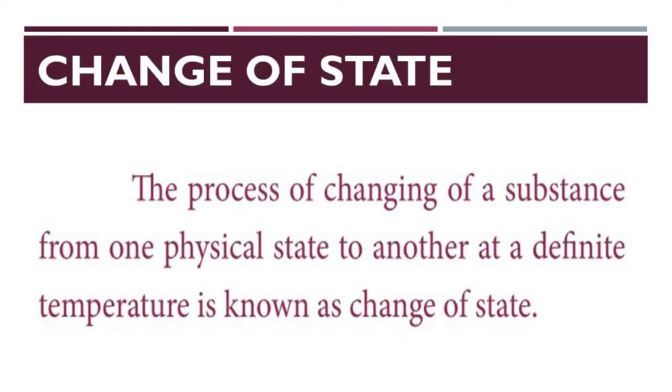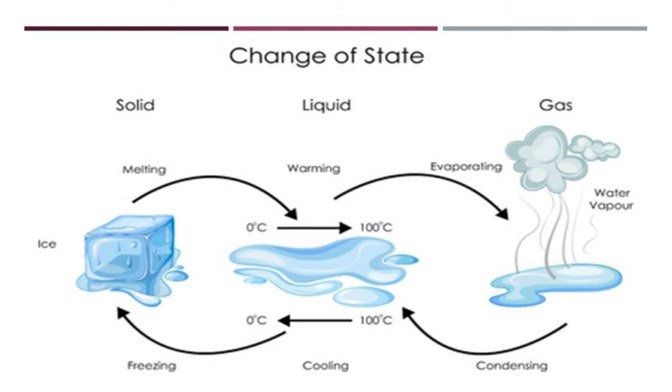Change of state. The process of changing of a substance from one physical state to another at a definite temperature is known as change of state. For example, water molecules are in liquid state at normal temperature. When water is heated to 100 degrees Celsius, it becomes steam, which is a gaseous state of matter.